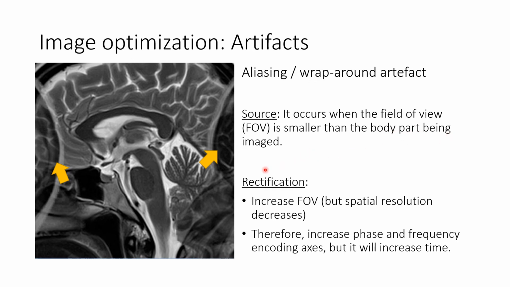So how do we overcome that? Just simply increase the FOV. However, when you increase the FOV, the spatial resolution will decrease. So we will increase the phase and frequency encoding matrix, but it will increase the scanning time.